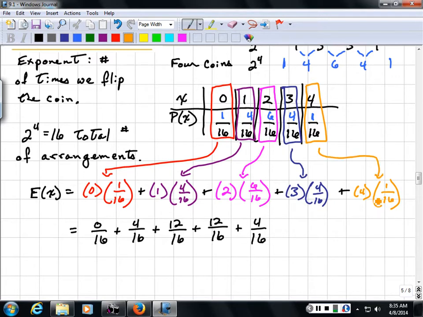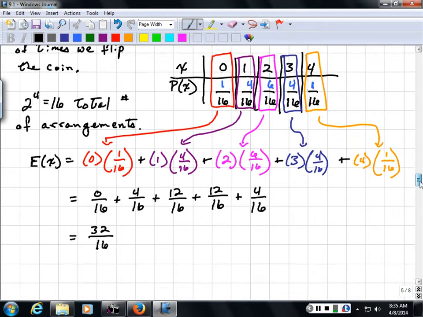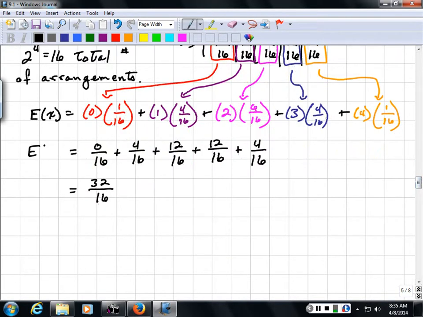There we go. So add the numerators. 24 and 4 is 28. 32 over 16, right? And so what's my expected value actually equal to? 2. Yep.